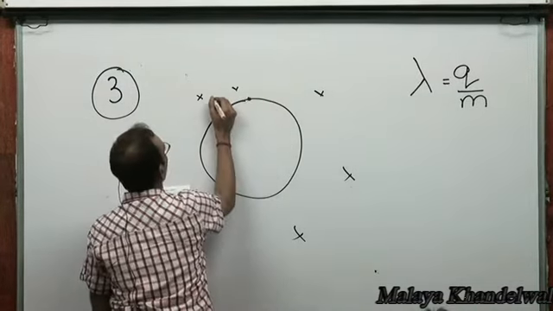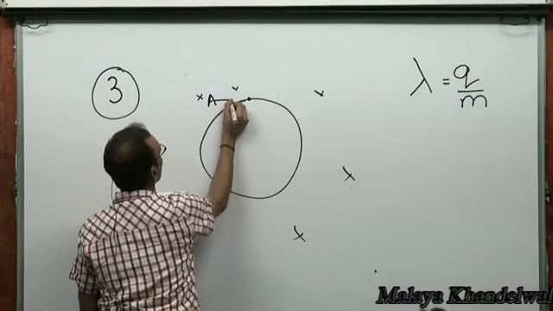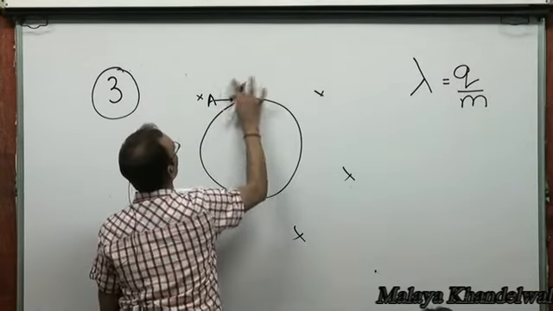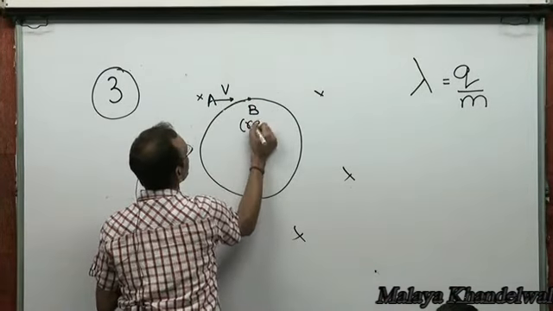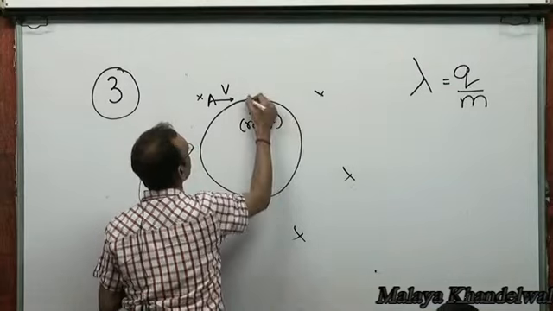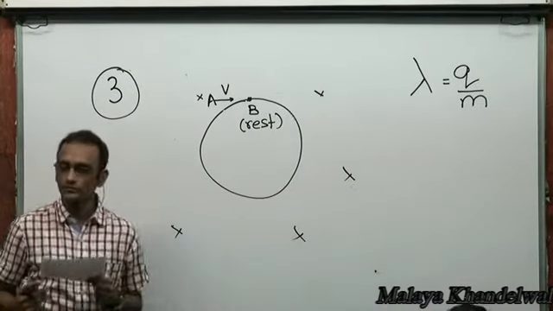There are two particles, particle A that has a velocity, say V, and particle B which is initially at rest at this point. Right?